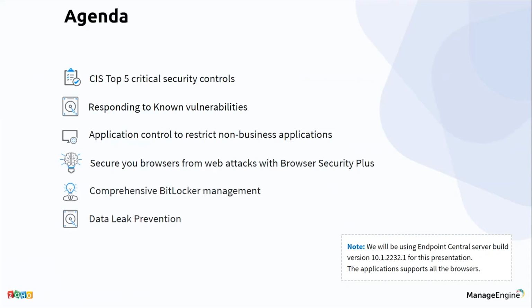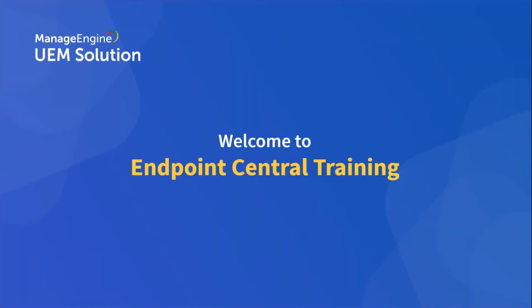So the application control to restrict non-business applications by whitelisting the business applications, how to secure your browsers from web attacks using the browser security solution offered by ManageEngine, comprehensive BitLocker management to encrypt the data drives and OS drives, and the data leak prevention solutions offered by ManageEngine.